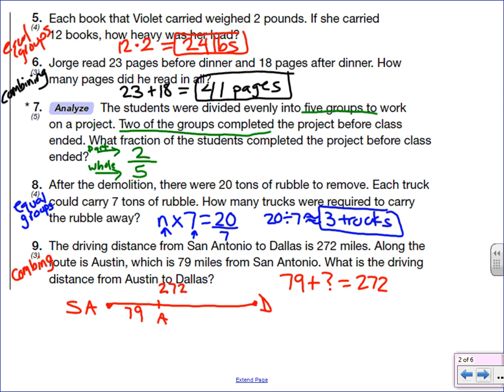In order to solve for one of the addends, you subtract the known addend from the total.